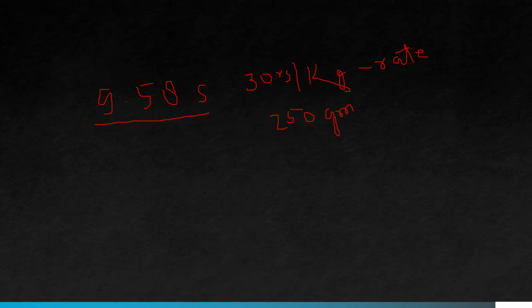How much money do you have to pay for 250 gram? So 250 gram is basically 1/4, right? So if you divide 30 by 4, what will it be? 7.5, right? So you have to pay 7.5 rupees. What is 7.5? 7.5 is a kind of decimal.